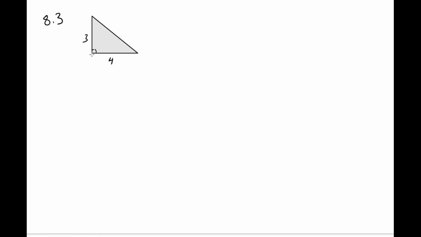So this is 90 degrees. And we have, this is 3 and this is 4. All right, this is another type of triangle. And its height is 3. And its width is 4.